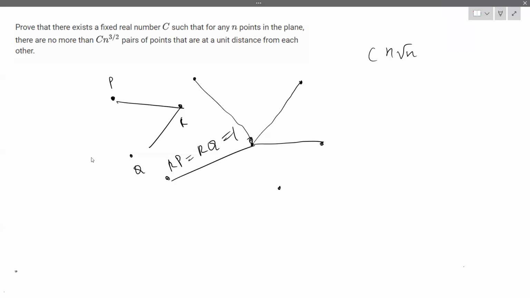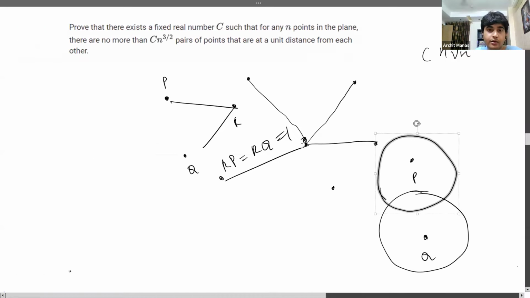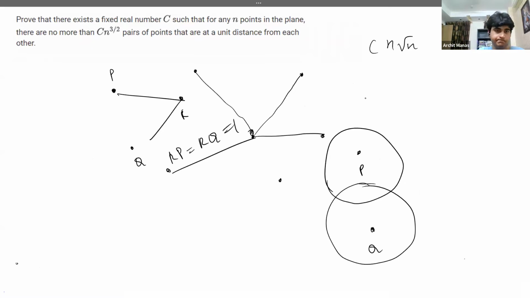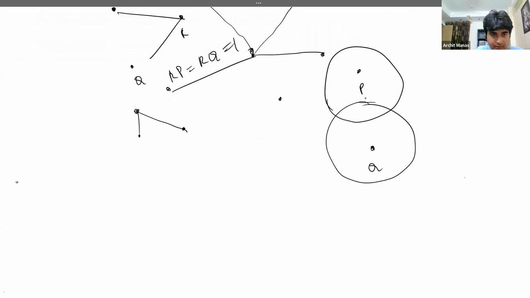Because if you draw circles of radius 1 centered at P and Q respectively, there are only 2 intersection points. Perfect. So if you draw a circle centered at P with radius 1 and a circle centered at Q with radius 1, then they intersect in at most 2 points. And so any 2 points in the plane can have at most 2 common neighbors. Okay. So what that tells you is that you can't have this.